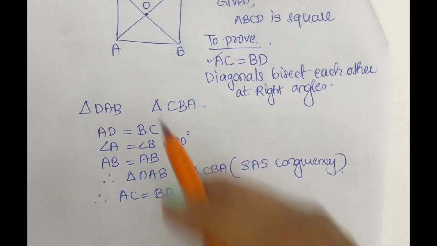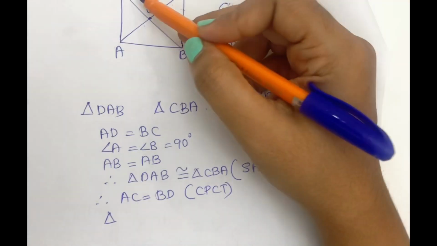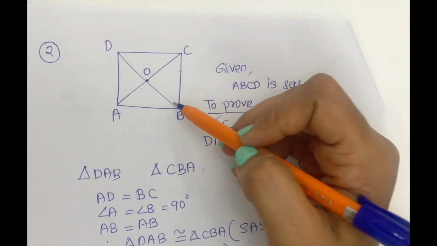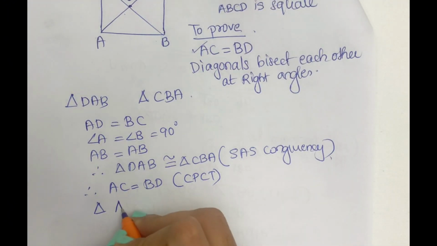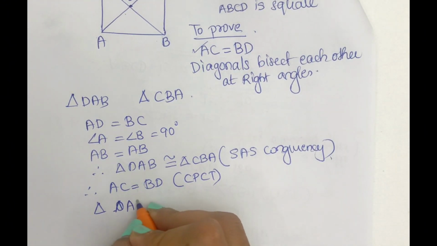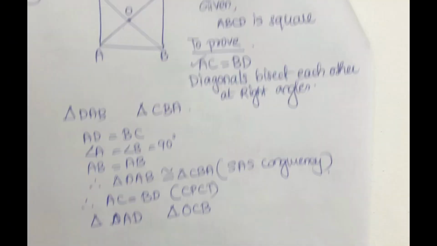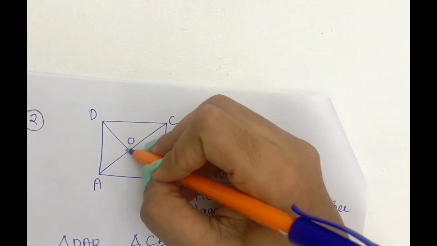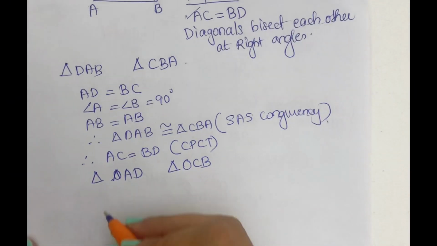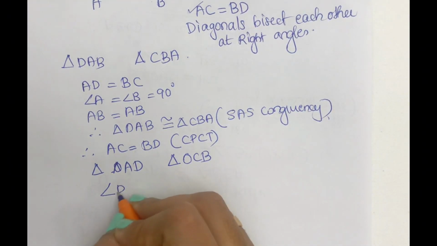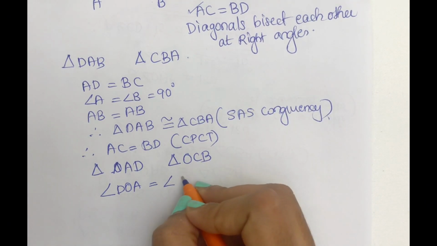Okay, so for that, let's take triangle OAD and triangle OCB. In these triangles, these two angles are equal by vertically opposite angles, that is angle DOA is equal to angle BOC.